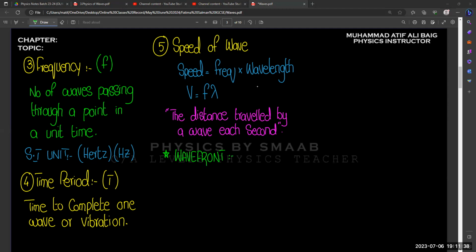Basically, a wavefront is, in simple words, the shape of a wave, right? Let's suppose you consider a speed breaker on a road. If there is a horizontal smooth surface or road, and there is a speed breaker on that road, that also gives you the shape of a wave. The upper part of that speed breaker is known as the wavefront.